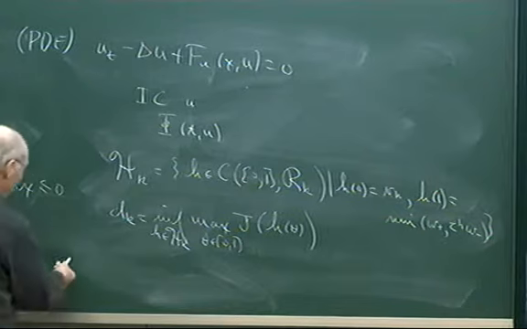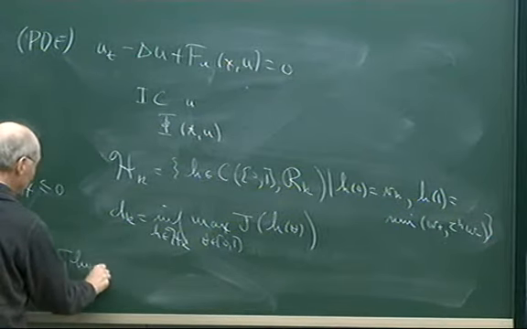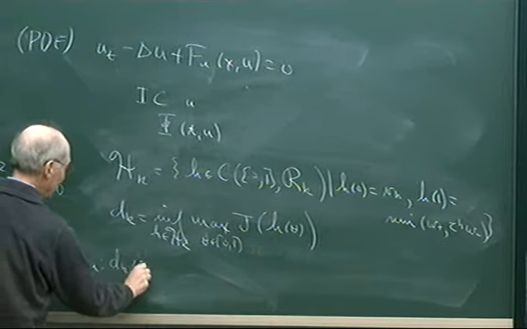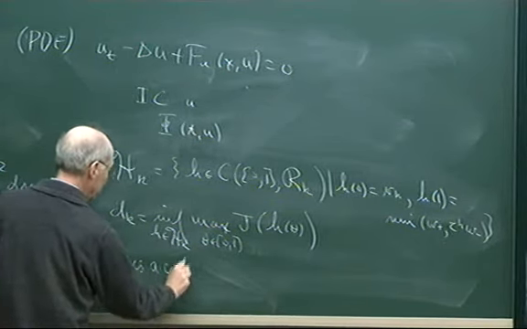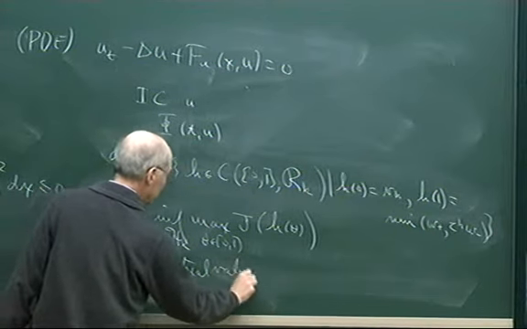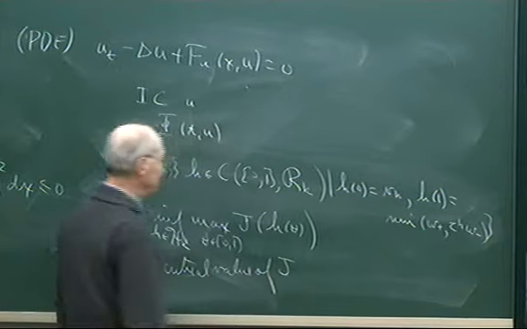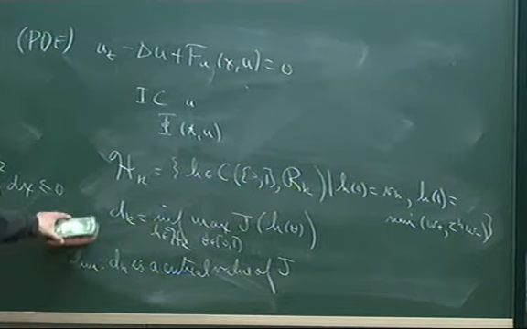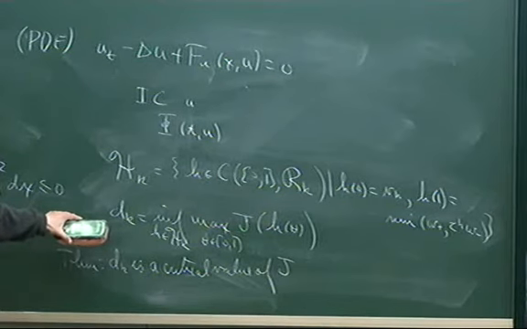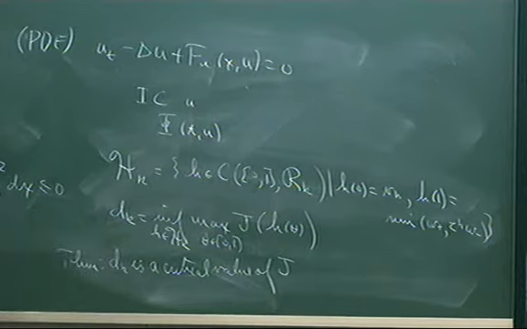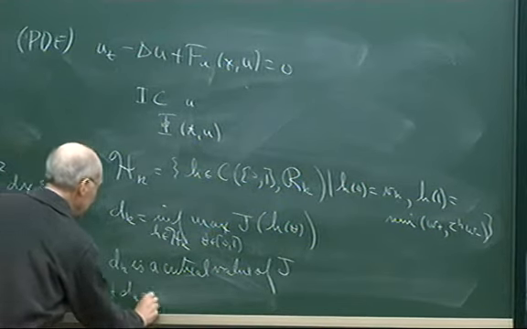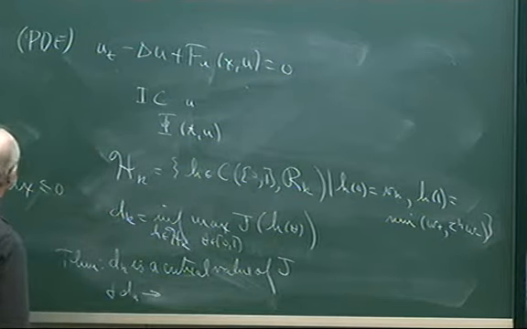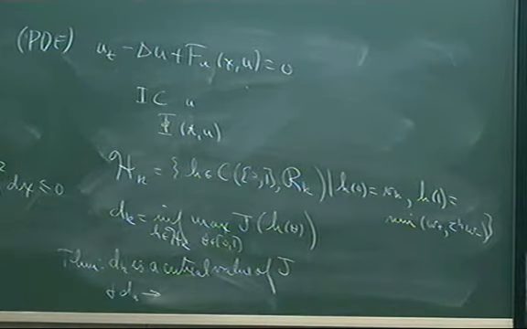And then theorem: dk is a critical value of J. That is, there's some solution of our equation which, when we evaluate J at it, gives you dk, and dk tends to the mountain pass critical value, the one I mentioned over here.